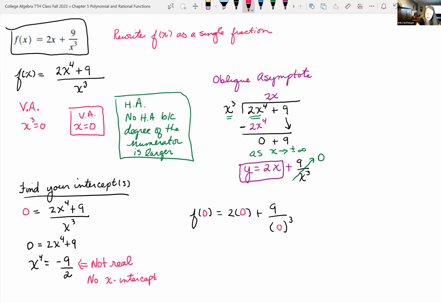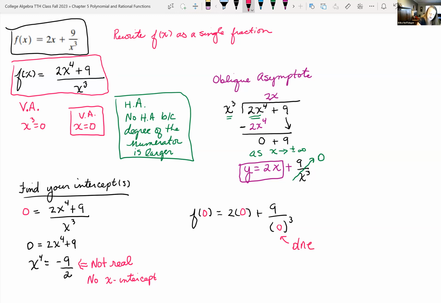I have 0 in my denominator, and I would get it also if I plugged it into the single rational function that we wrote it as. And so this is not possible. This is undefined, does not exist.